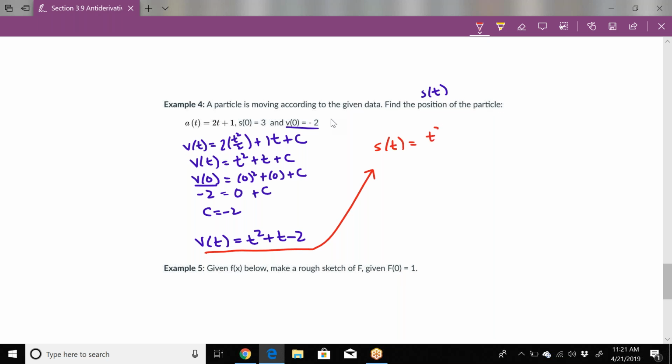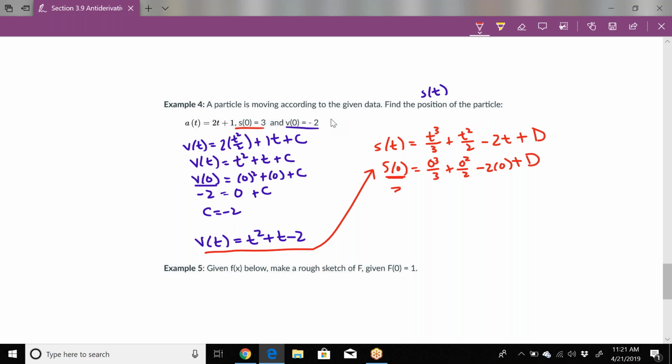So that's going to be t to the 3rd over 3 plus t to the 2nd over 2 minus 2t plus, I'm going to use d this time instead of c, just to differentiate. And then s of 0 equals 3, so s of 0 equals 0 cubed over 3 plus 0 squared over 2 minus 2 times 0 plus d.